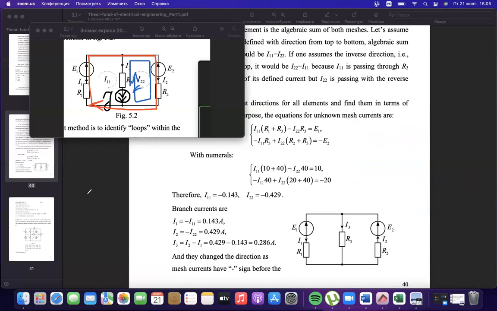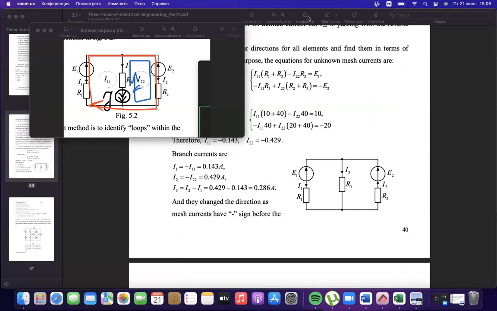You could ask, could we do the same in this circle? Could we, for example, take the first mesh like here and the second mesh like here, instead of what we did previously? Yes, of course, there isn't any restriction. We could take a mesh, for example, like here. The only point is that the new mesh should have at least one additional branch compared with the previous one.